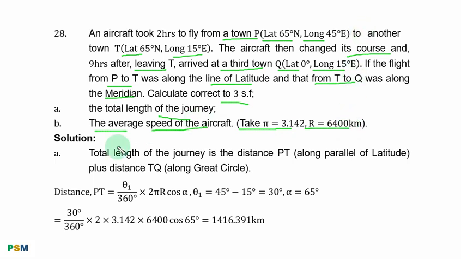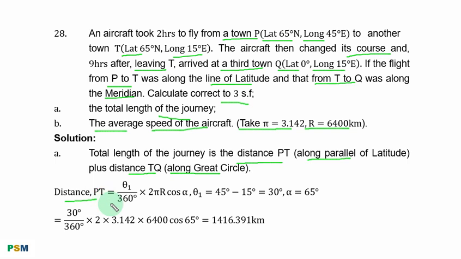Solution. A part of the question. Total length of the journey is the distance PT along parallel of latitude plus distance TQ along Great Circle.